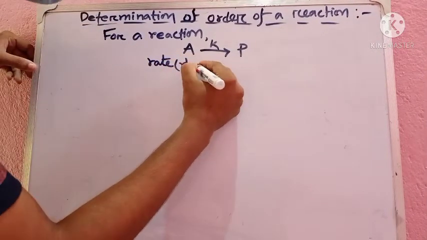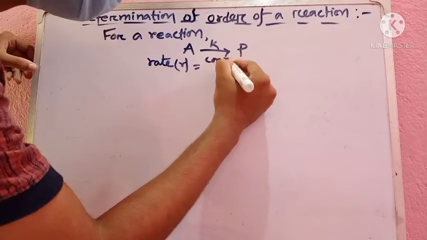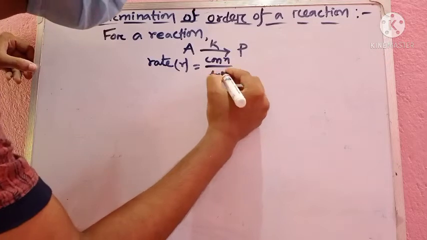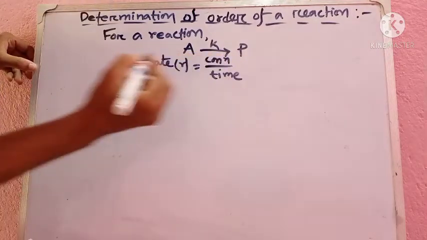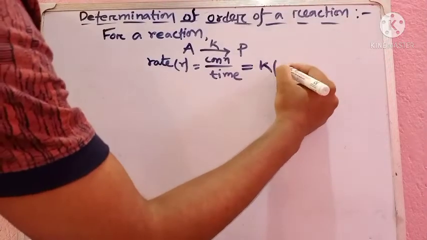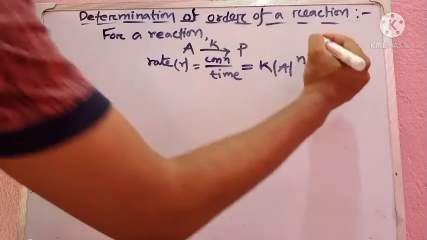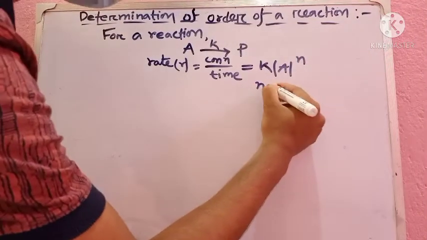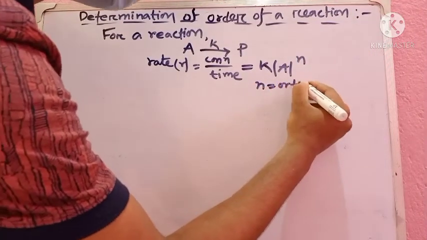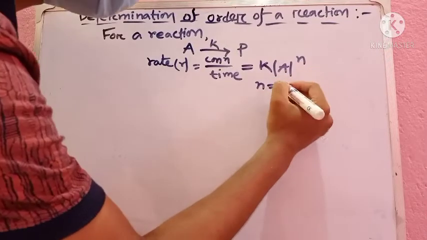Then rate equals d[A]/dt equals k into [A]^n, where [A] is the concentration of the reactant and n is nothing but the order of reaction.